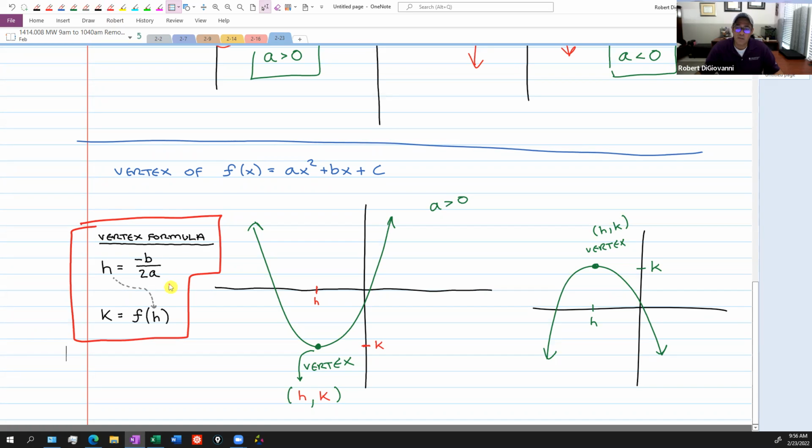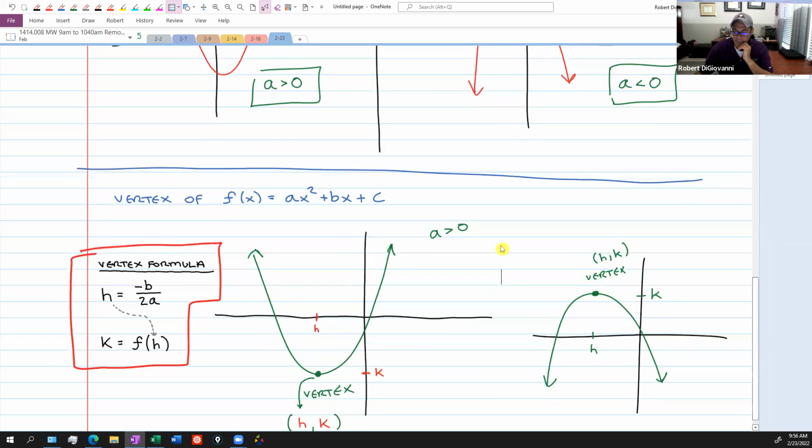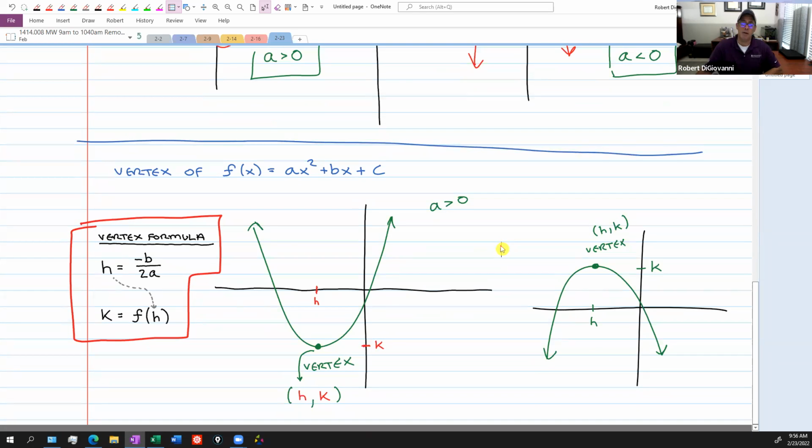I'm actually getting real close to showing my class that in my Cal 1 class. I'm about to show them the vertex formula. So that's it. So now think about what we know. If somebody gives us a quadratic function, we can now determine if it opens up or down by just looking at A. We can actually figure out what the vertex is by using that formula.